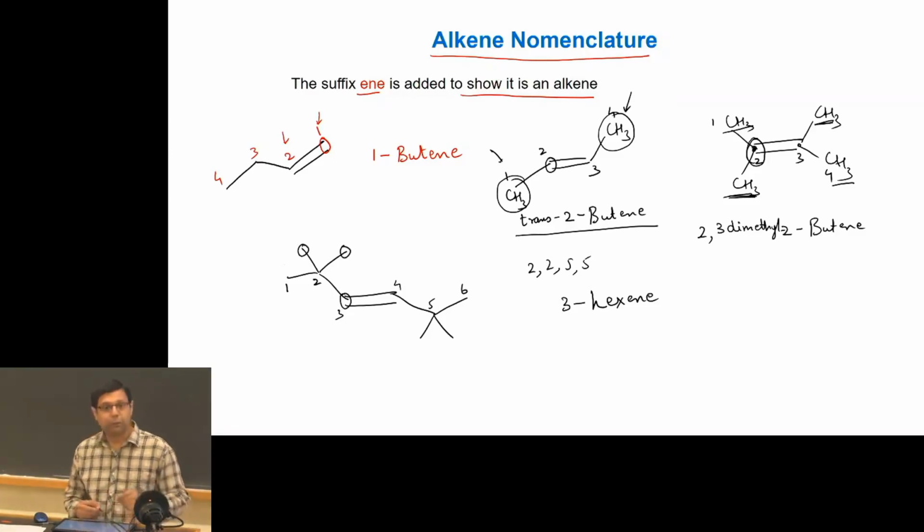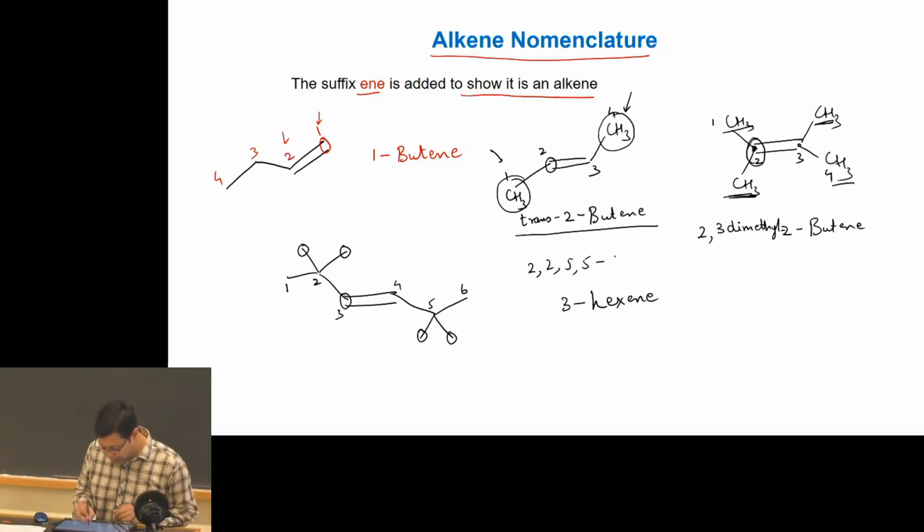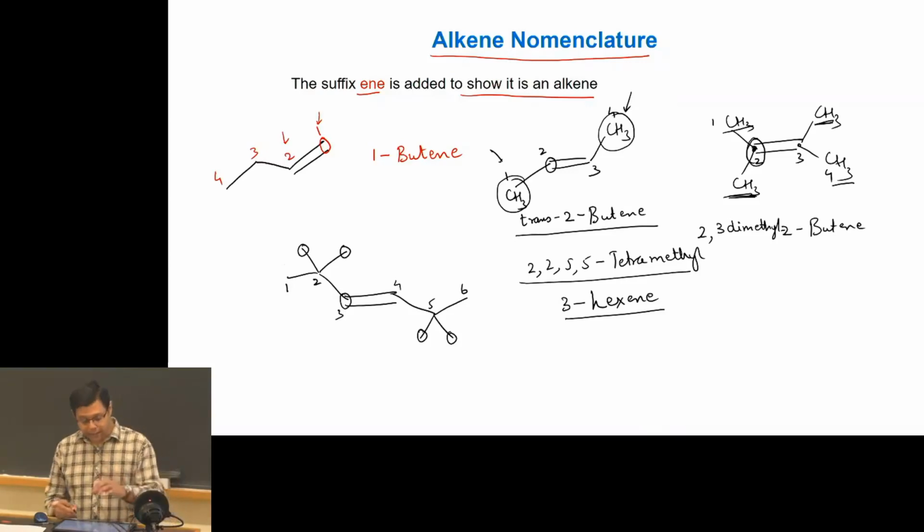You have 2 methyl groups at position number 2 and 2 methyl groups at position number 5. So it's 2,2,5,5. 4 methyls combined, so tetramethyl-hexene. That name accounts for all the substituents and the parent hydrocarbon as well as the double bond position.